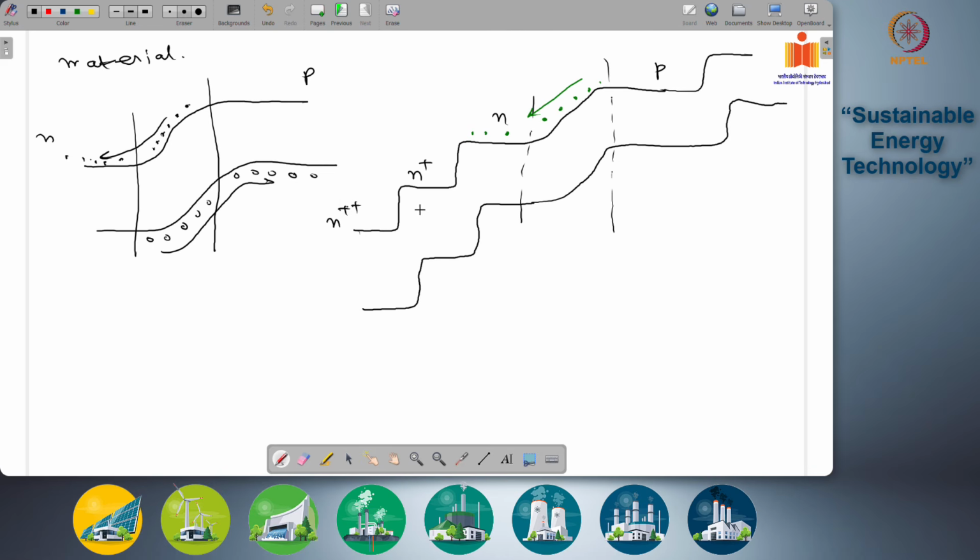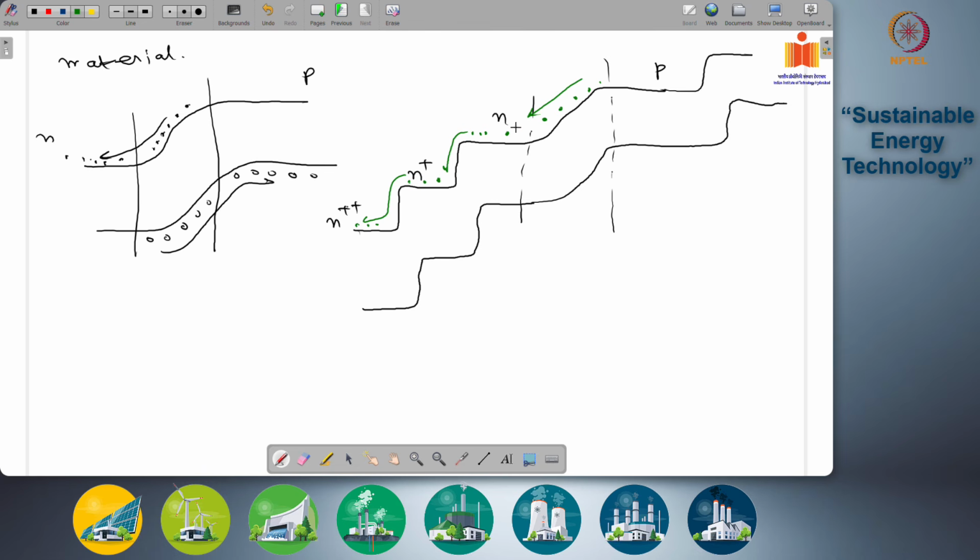Okay, a double step system. So this area is more heavily doped than the main PN junction, and this area is even more heavily doped. So once these electrons reach here, they again fall down through this cascade and reach this zone, and then again fall down to the N plus plus zone, which is connected to the top surface. So these are collected here.